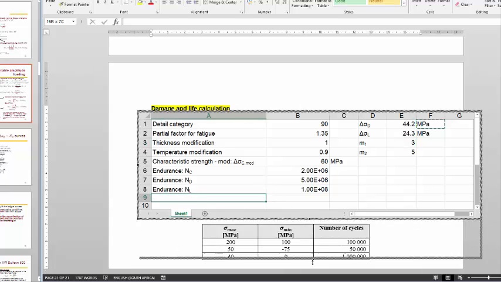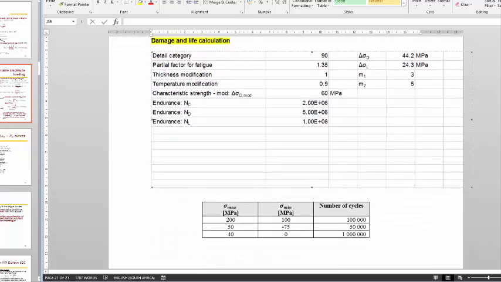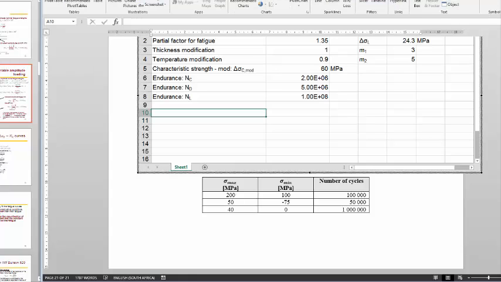And I'm going to add here a few lines, and let's see where we are now. Right, so what do we have? What we're given is the maximum stress. In this case, they gave us sigma max, and I'm going to insert the symbol for that.